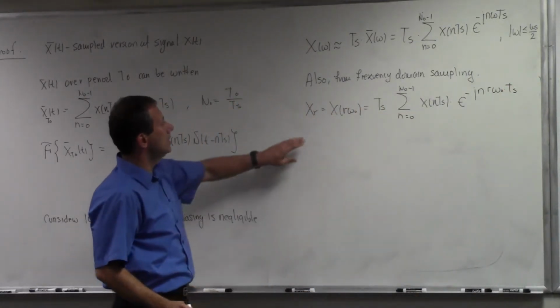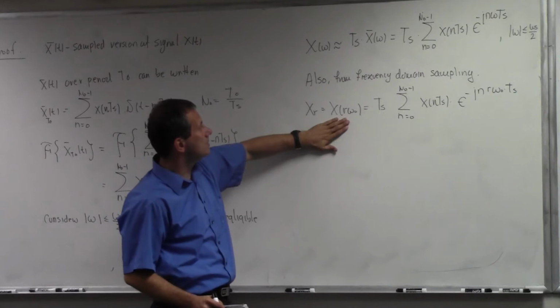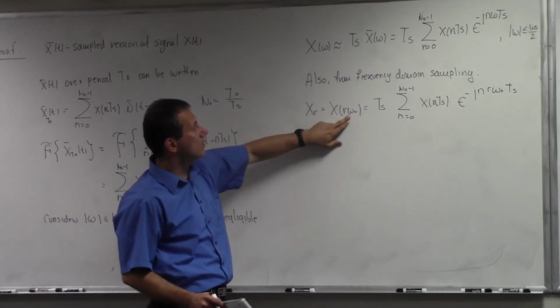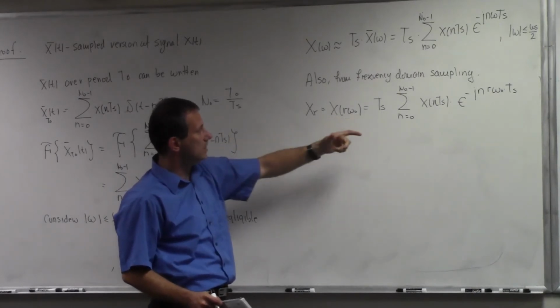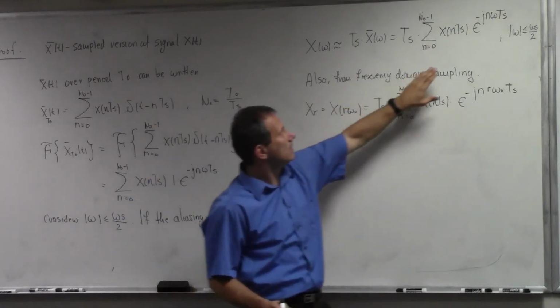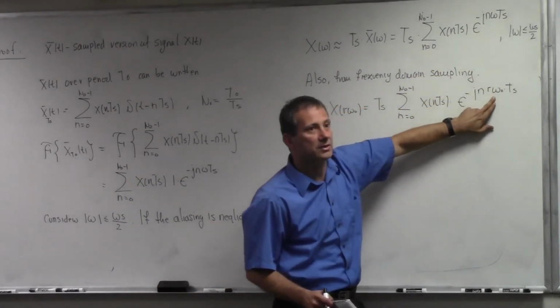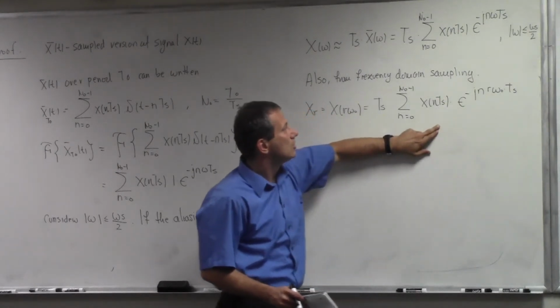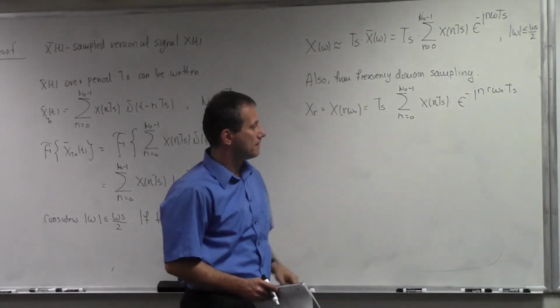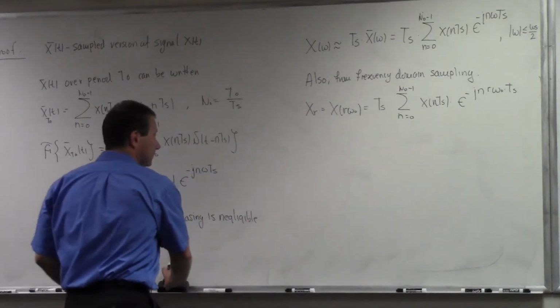So I'm saying now, if I'm sampling in frequency domain, going every omega 0 increments, then instead of evaluating this at omega, I can evaluate this at r omega 0. So these are the samples of the signal in the frequency domain.